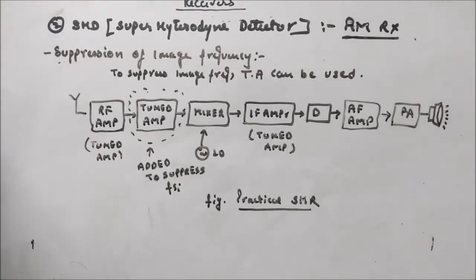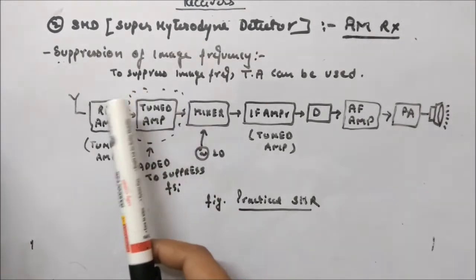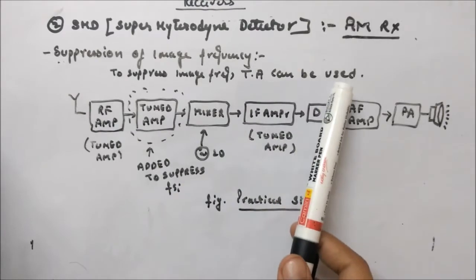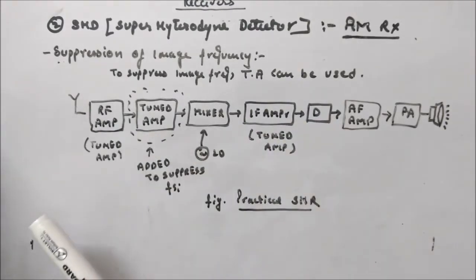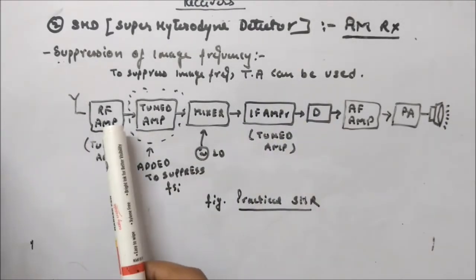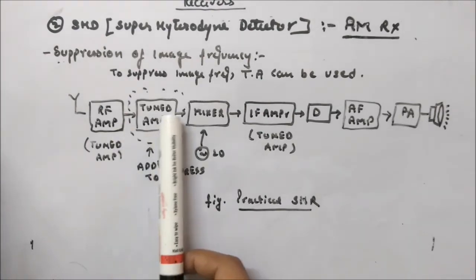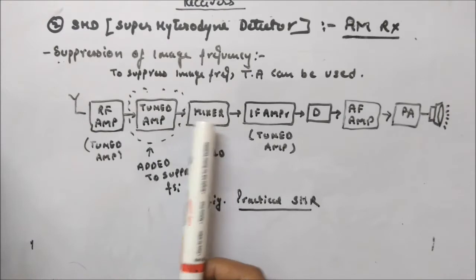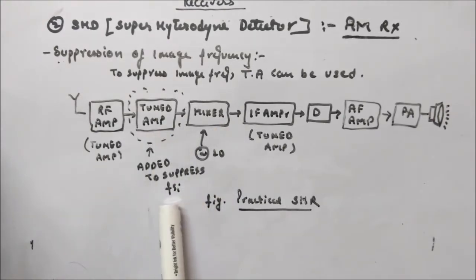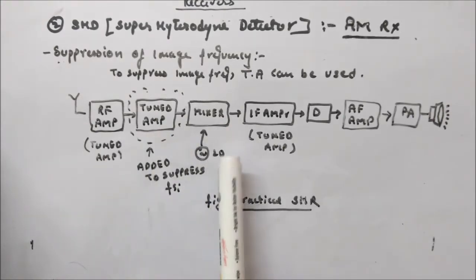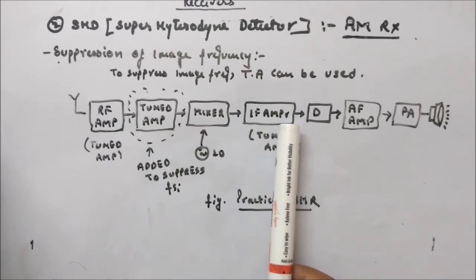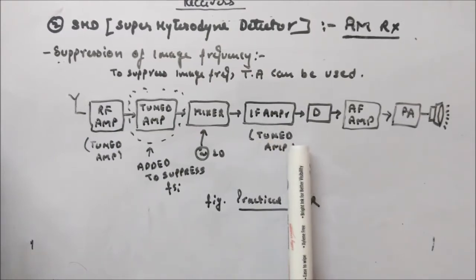Now what we can do to suppress the image frequency is use a tuned amplifier before the mixer. Okay, so this is your antenna, this is your RF amplifier, which also acts as a tuned amplifier. Then there is one tuned amplifier which we added before the mixer to suppress the FSI. This is your mixer, local oscillator, IF amplifier, which is also a kind of tuned amplifier.